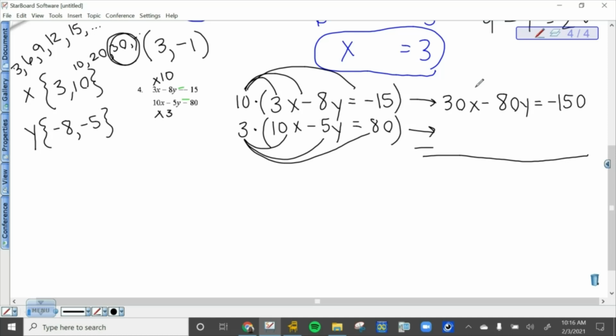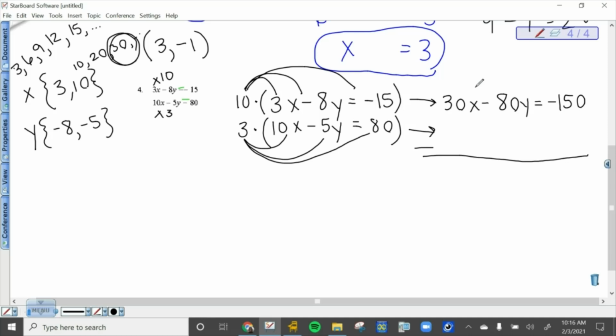3 times 8 is 24, and just add a 0, so 240. But you've got to finish making it up.